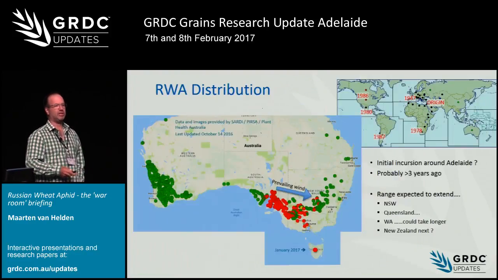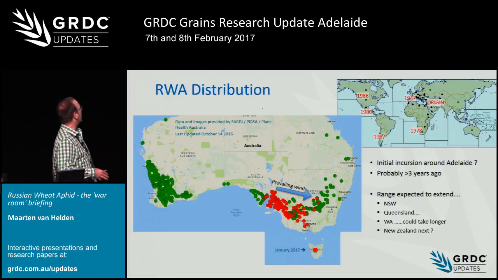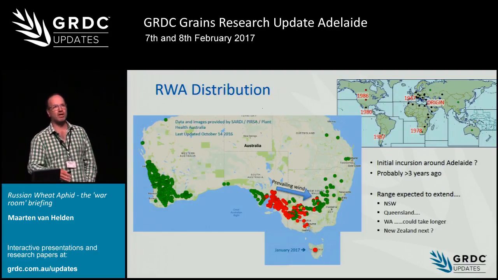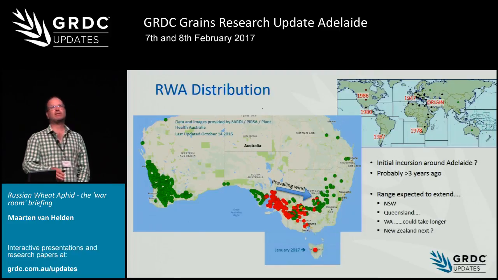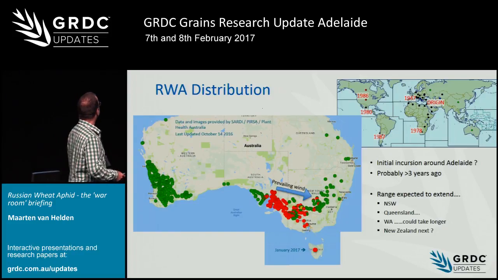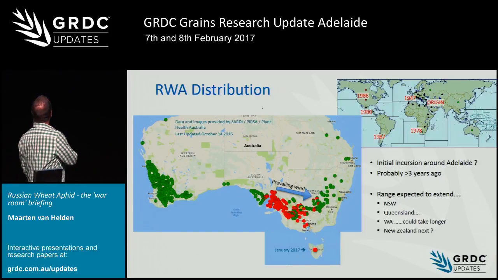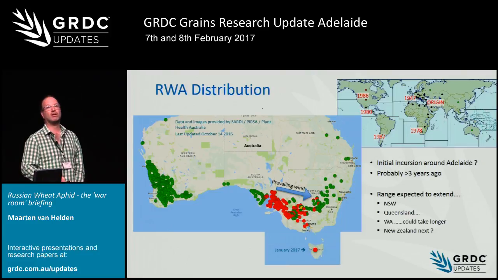After 1 year, we already know that it is basically all over South Australia, New South Wales, parts of Victoria. Certainly not the end. Tasmania has been joining the crew just a few weeks ago, and we presume that it will go on. The only area that so far has no Russian wheat aphid, lucky Western Australia.